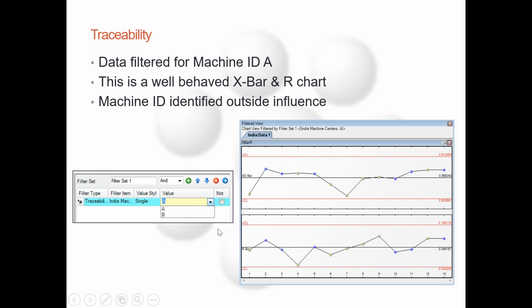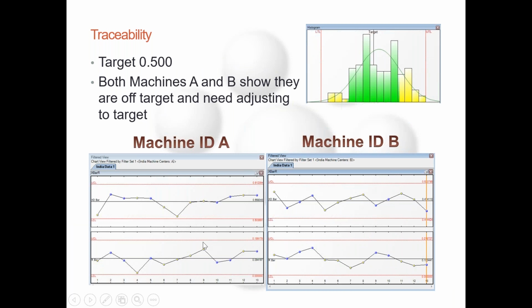So I'm going to now move on. When I look at both of these charts, here's machine A and there's machine B, I have 0.558 as an average here. Remember, 0.5 is the target, so I'm running a little high on this one. And I have 0.474 here, and I'm running a little low on this one.